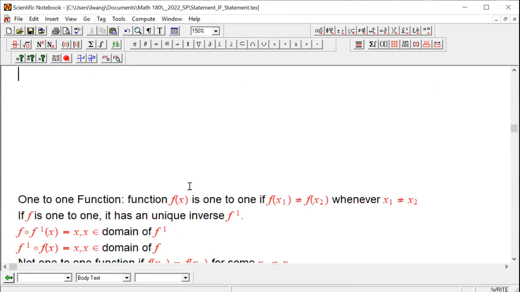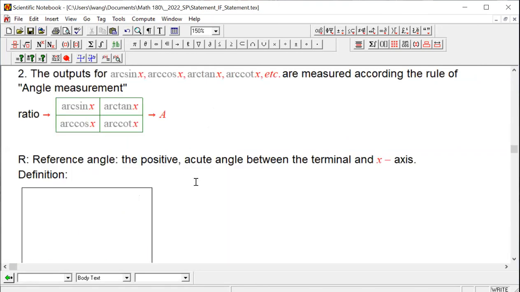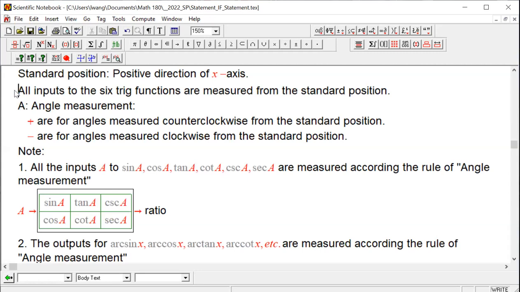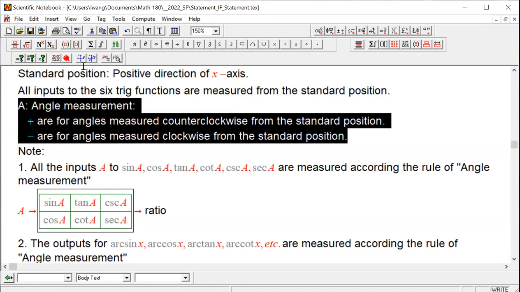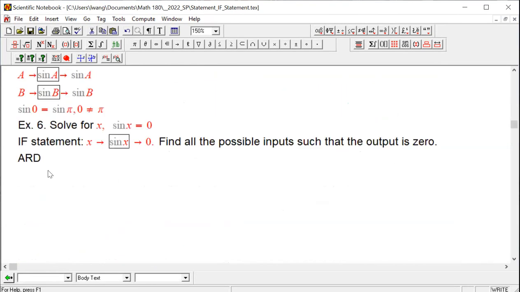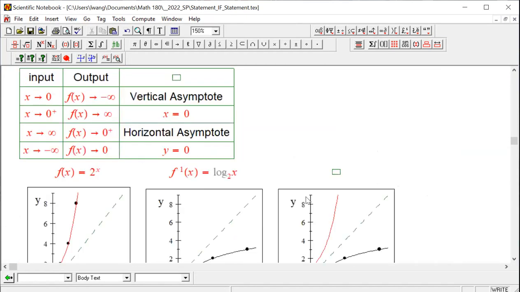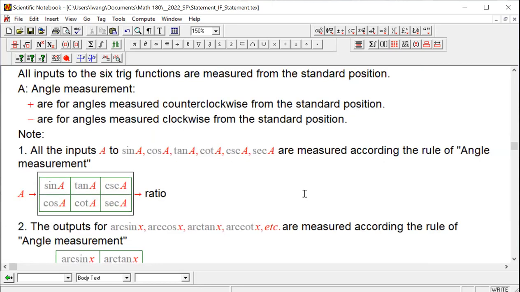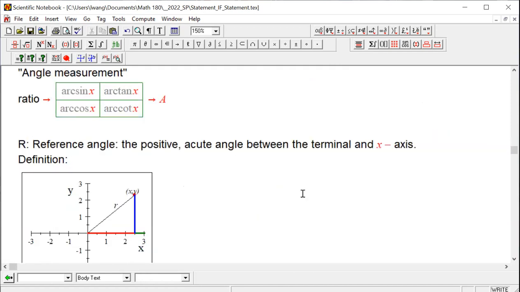Okay, so let's recall the definition. The ARD. I will never stop mentioning ARD when trig functions are related. ARD is our golden key to any question you are going to encounter.